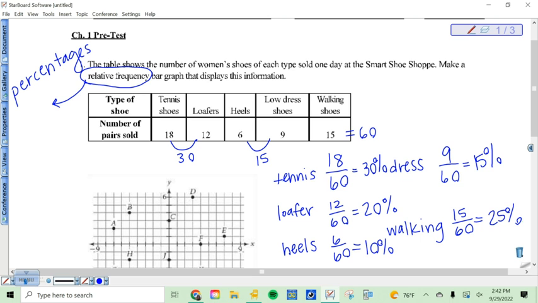Oh, okay. And then we could also think about it like 12 plus 3 gives us 15, right? 12 out of 60 is 20%. And then 6 out of 60 was 10%. So that means that 3 out of 60 would be 5%. Then I got 5% and 20%, 25%. Right?